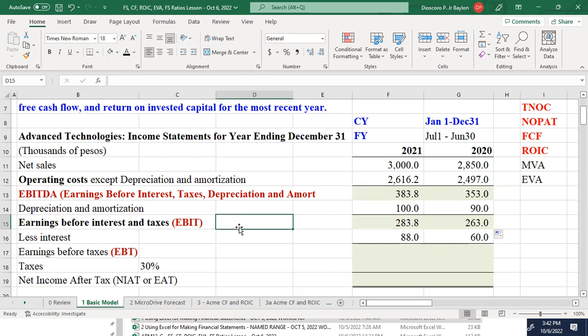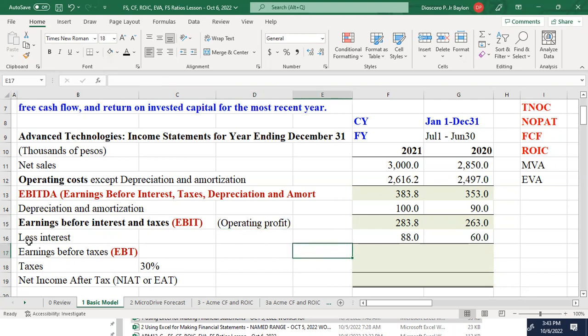Why is this called operating profit? Because in order to arrive at this, we subtract all operating costs. Okay, so tinanggal na lahat ng costs, including depreciation and amortization. So it's called your EBIT, earnings before interest and taxes, or your operating profit.